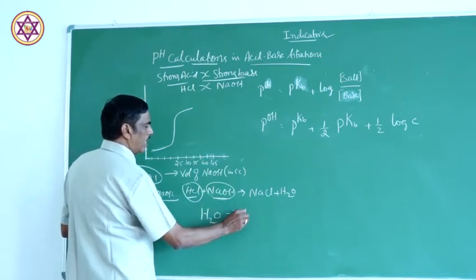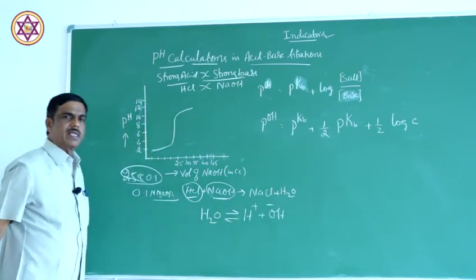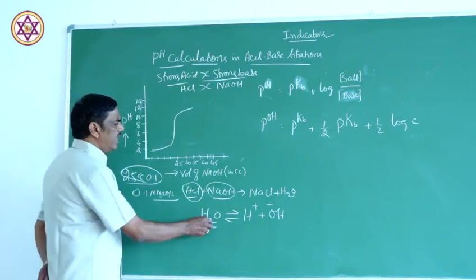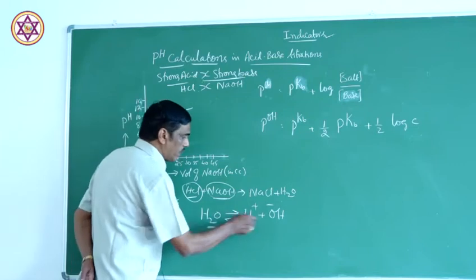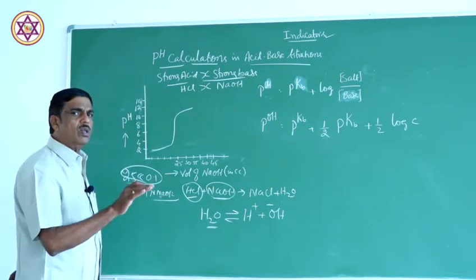For that, you can take water. Water is very weakly ionized to form H plus and OH minus. From this dissociation of water, we can calculate the pH of a neutral solution.